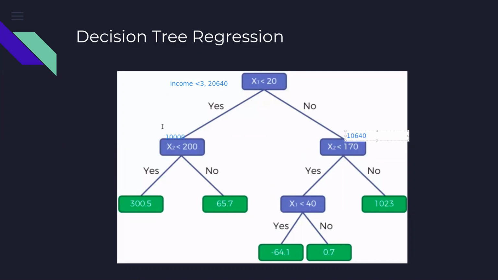Okay. Then on these two nodes, suppose now we apply a criteria here that if income is less than 10,000, now here we apply another criteria and say rooms is less than 5.